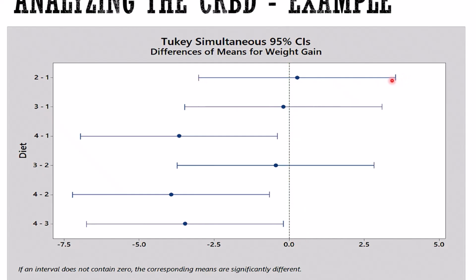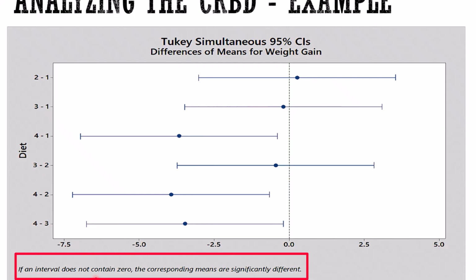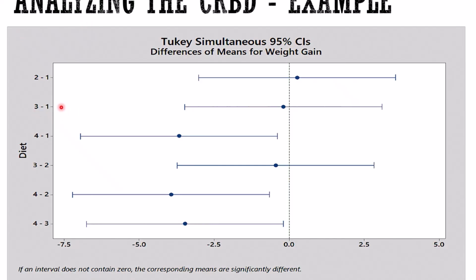If you read the writing here, it says if an interval does not contain 0, the corresponding means are significantly different. In other words, if the interval contains a 0, that means the means are not significantly different. They are close to each other, all right? So the confidence interval for 2 minus 1 contains a difference of 0.